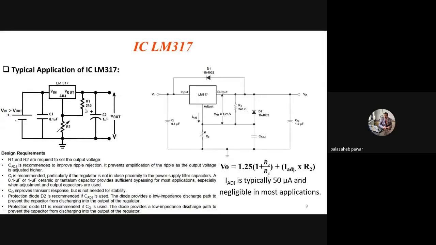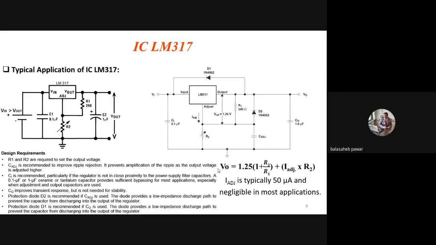Recommended is 240 ohms, so take R1 as 240 in this formula and calculate the value of R2 to have the output voltage as 37 volts. Just let me know fast. 37 equals 1.25 in bracket 1 plus R2 by 240.